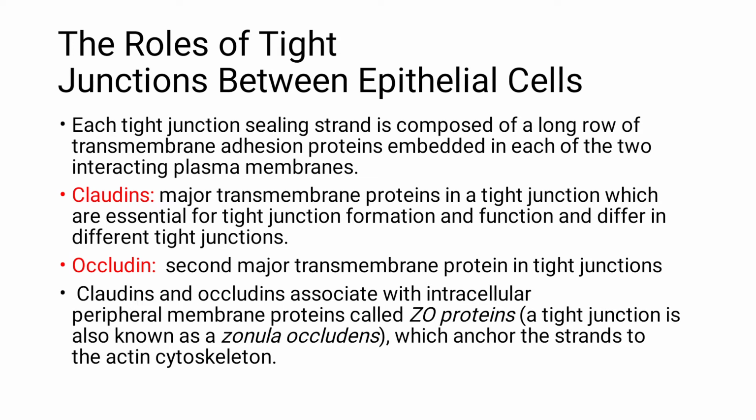A second major transmembrane protein in tight junctions is occludin, the function of which is uncertain, but the claudins and occludins associate with intracellular peripheral membrane proteins called the ZO proteins, also known as zonula occludens, which anchor the strands to the actin cytoskeleton.